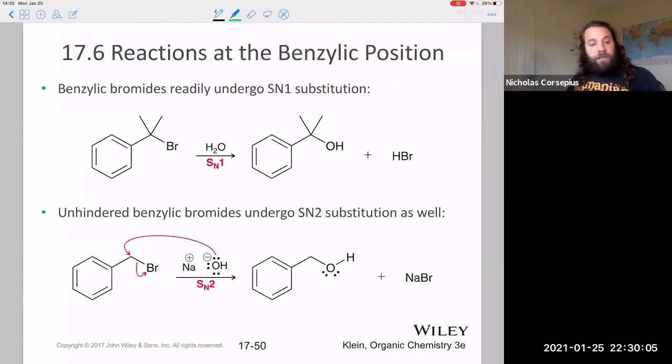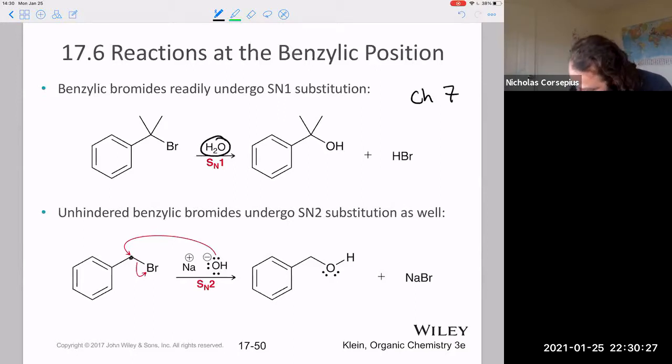When you have benzylic bromides, they will react just like other alkyl halides do, right? So this would be from chapter 7 type stuff. They react in a very similar manner. If you have a tertiary alkyl halide, it likes to undergo those SN1 type reactions in the presence of a weak base, right?